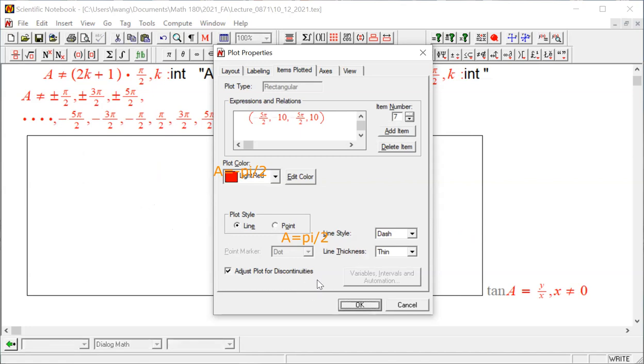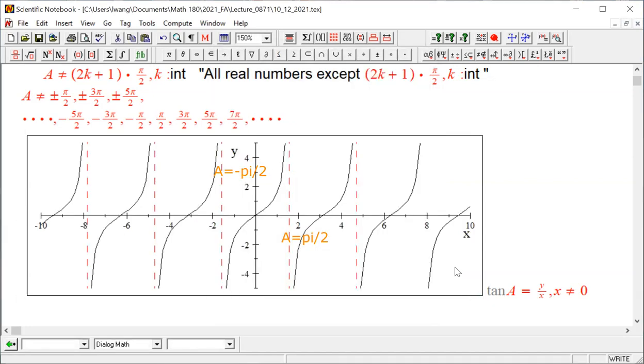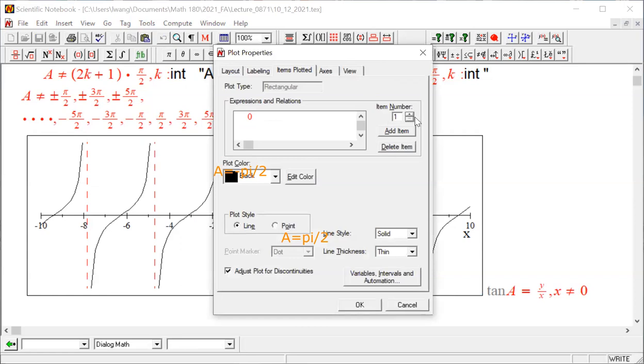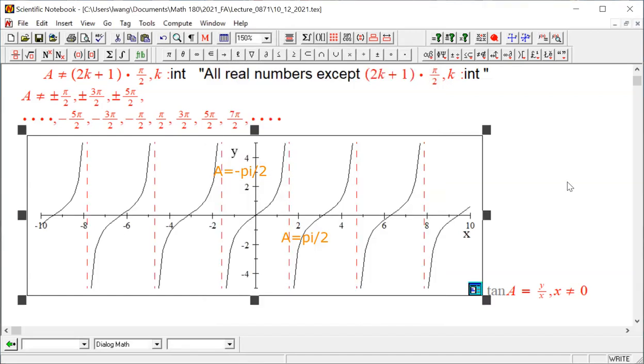Okay, there's one there. So we have put all of these vertical asymptotes. And all of these asymptotes, as I marked here, are all about those forbidden numbers that cannot be used as input for tangent.